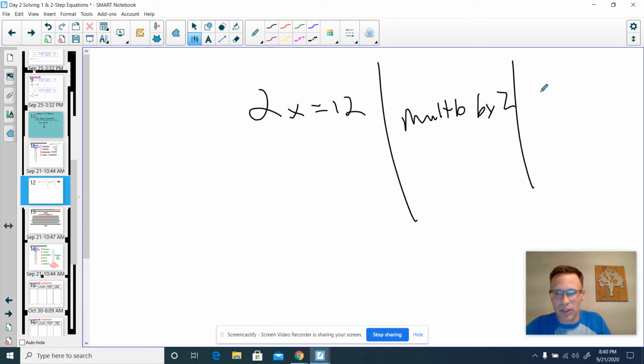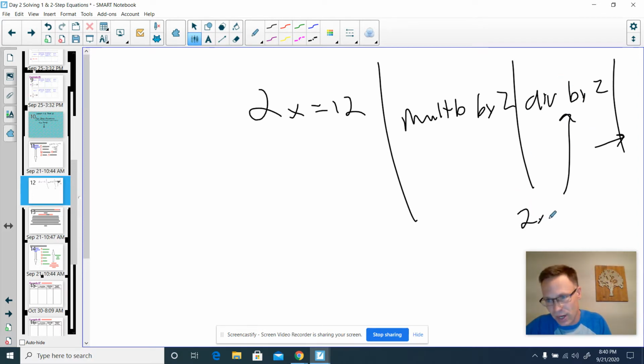And then our solving step was to undo this, and that was divide by 2. And then we'd actually do that work in another column. We took 2x equals 12, and we divided both sides by 2, and we found out that x is equal to 6, right?